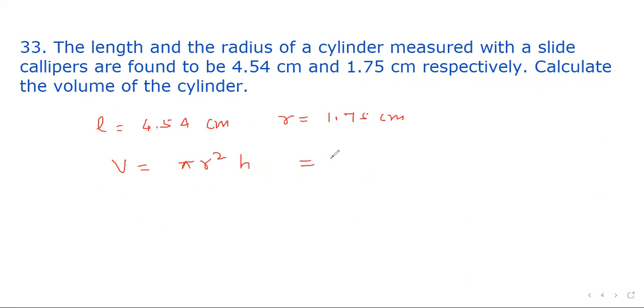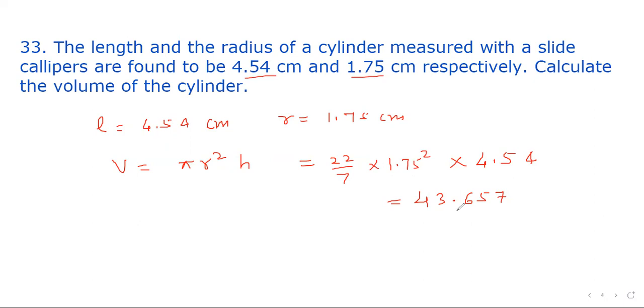So pi, that is 22 by 7, into r square, 1.75 square, into h, which is 4.54. So this will become 43.657.